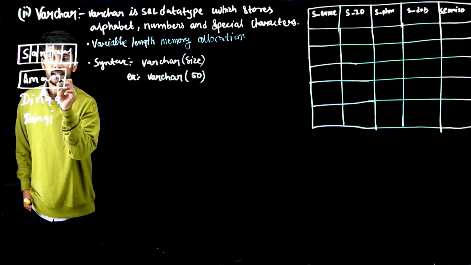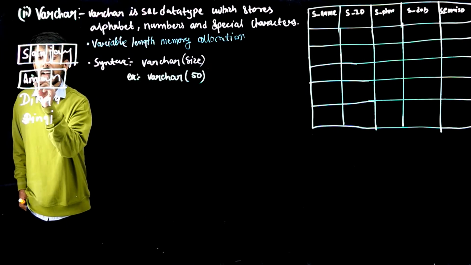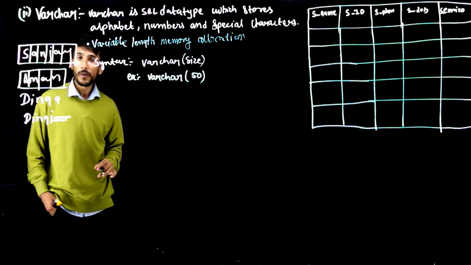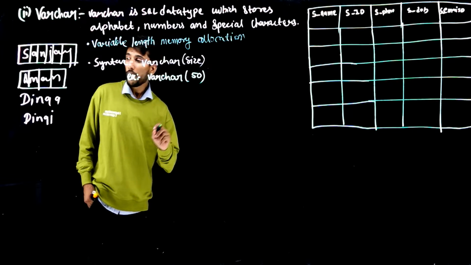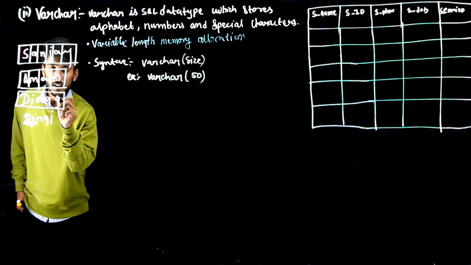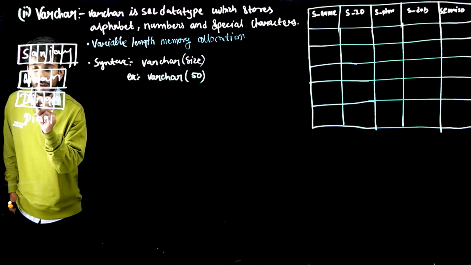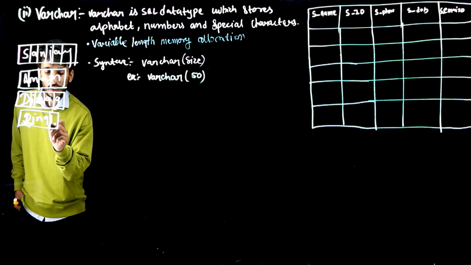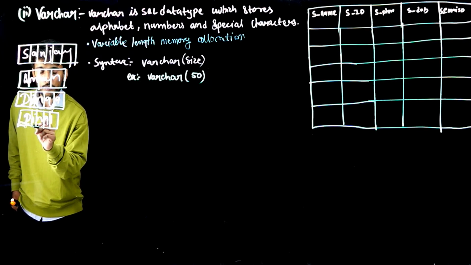Same here, sir. If I use AMAN here, how much size will it take? It will take only 4. Same for Dinga, same for Dingy. What if I use more than this, sir?